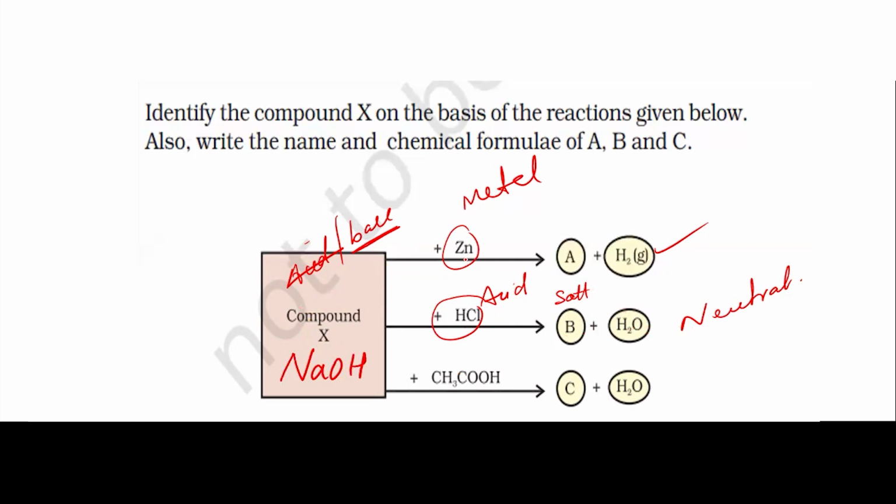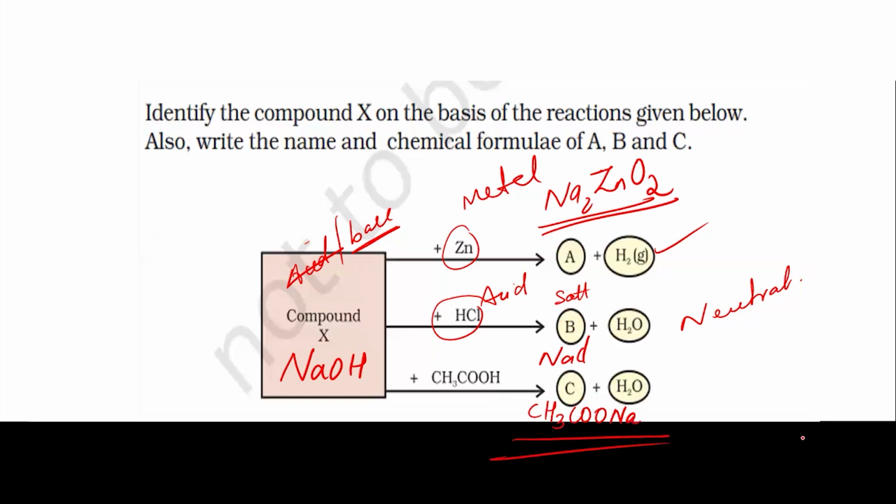So NaOH reacts with Zn giving Na2ZnO2, sodium zincate, and B is NaCl, salt, plus water. And what is C? Sodium hydroxide plus acetic acid gives CH3COONa, sodium acetate. That is the reaction.